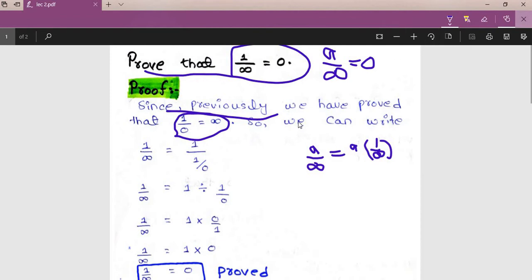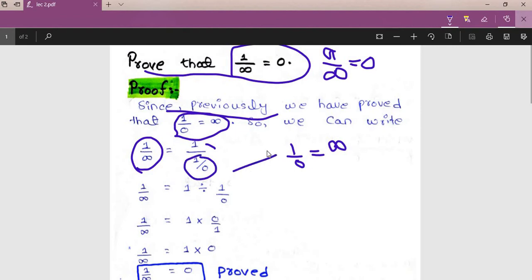So we can write 1 divided by infinity as 1 divided by (1 divided by 0), because 1 divided by 0 is equal to infinity. We just know this. So 1 divided by infinity can be written as 1 divided by 1 divided by 0, because we have just proved it.